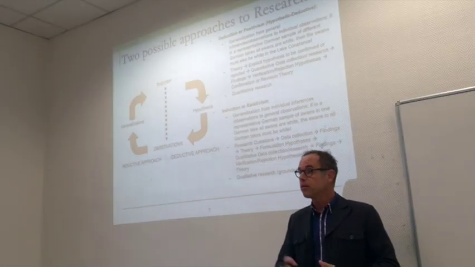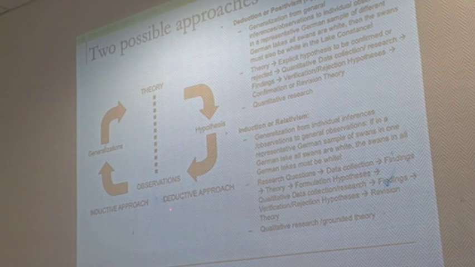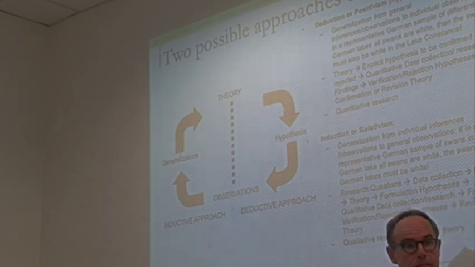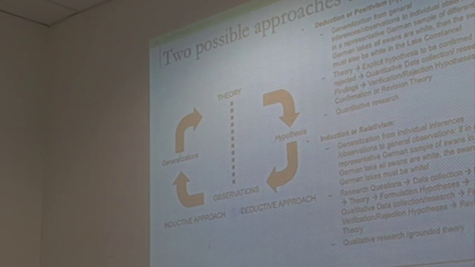The other approach is that you might start from observations. It's called the inductive approach. From the observations you try to generalize and you establish a theory. And once you have done that, you might switch to a deductive approach and establish hypotheses to confirm your theory, and you do a quantitative, larger sample design which confirms your theory.